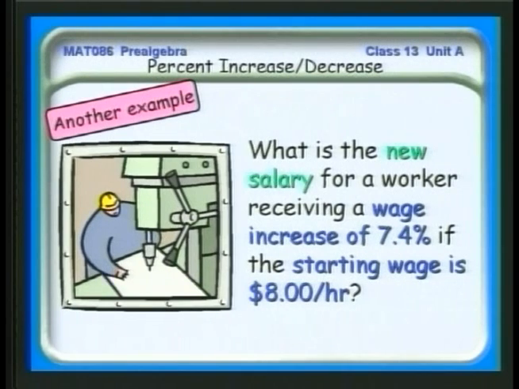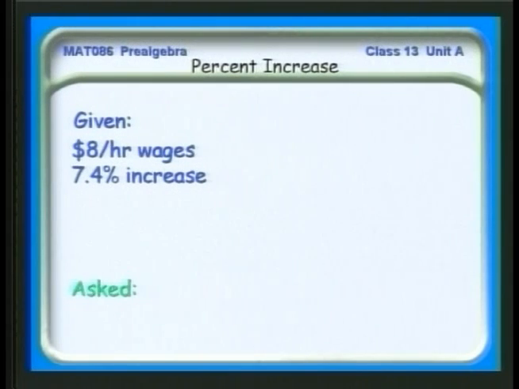We want to know what the new salary is. We're given the percent of increase, and we're given the initial amount. Here is what we're told. We're given that we start at $8 an hour. We increase 7.4%. We're asked for the new wages.